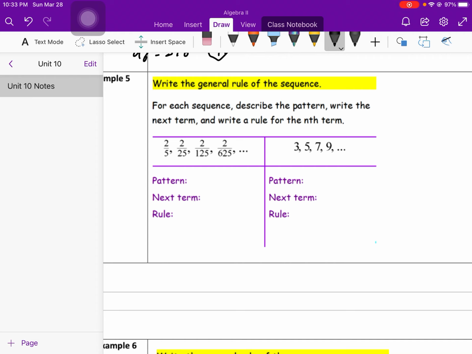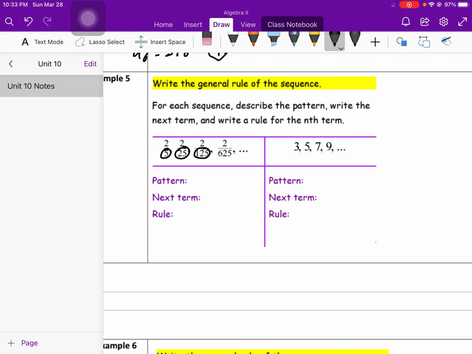So the pattern is, look at the fact that we have fractions here. Another thing that hopefully jumps out to you is that we have 2 on top every time. Okay, that is consistent with each new term. The next thing you have to remember is look at the fact that this is 5, and then this is 5 squared, or 25.